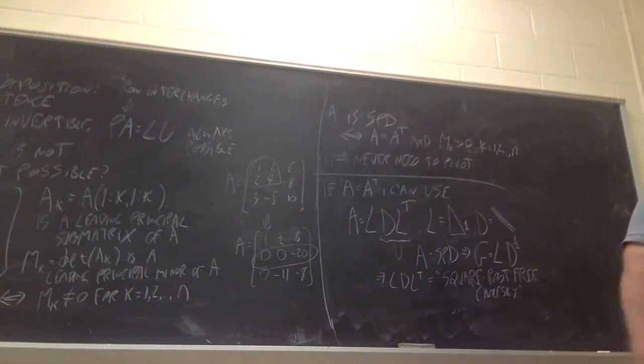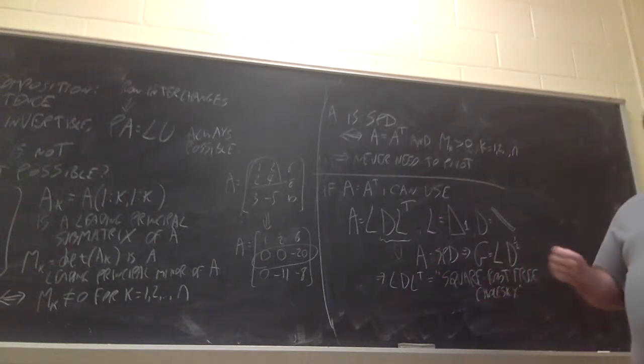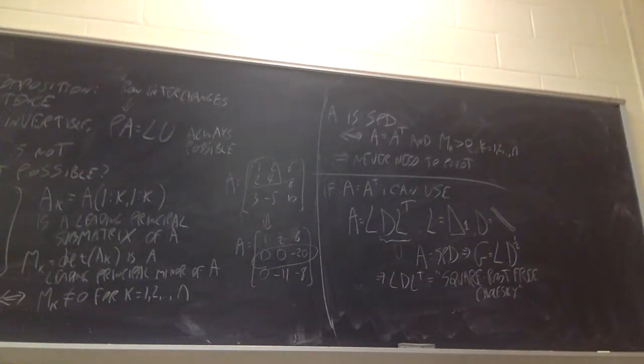Because computing the LDLT factorization, I won't go into it here, but it's in the notes or the book. It's similar to Gaussian elimination. So it doesn't require any square roots, but it exploits the fact that A is symmetric to again save operations. So it again takes 1/3 n cubed operations.